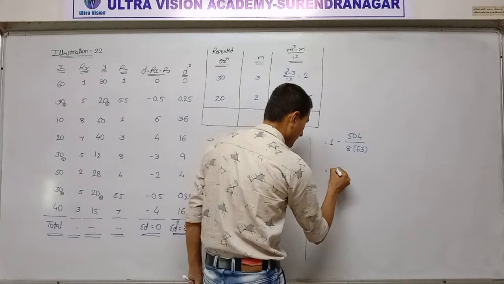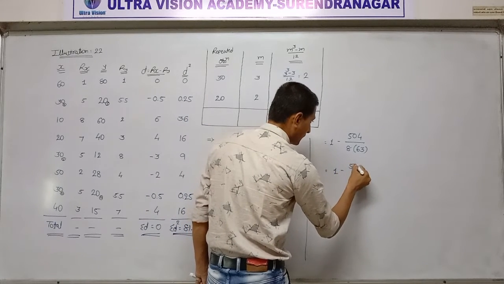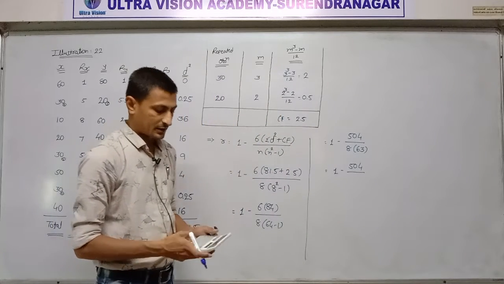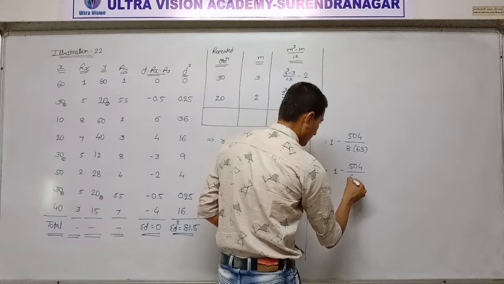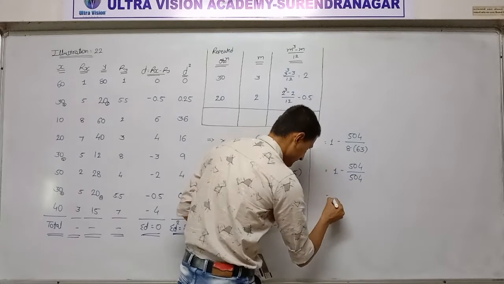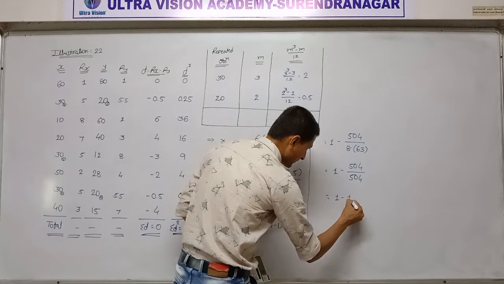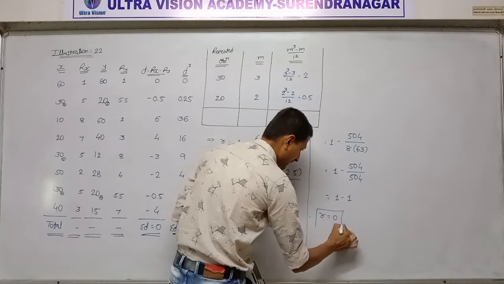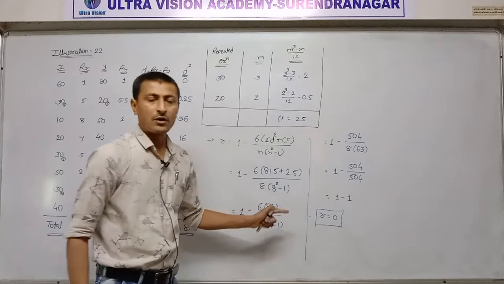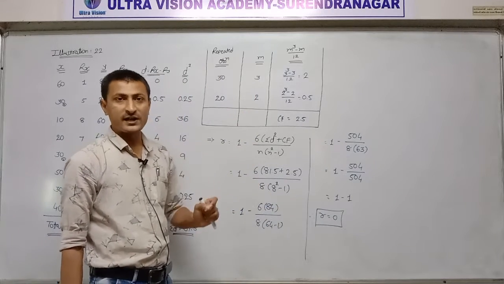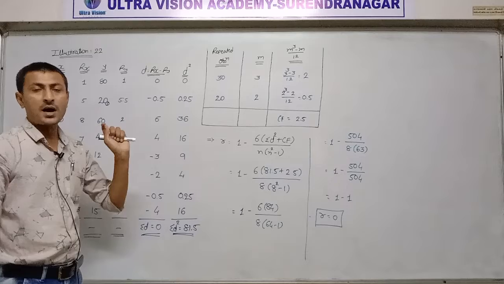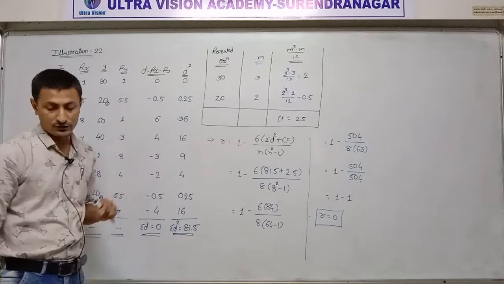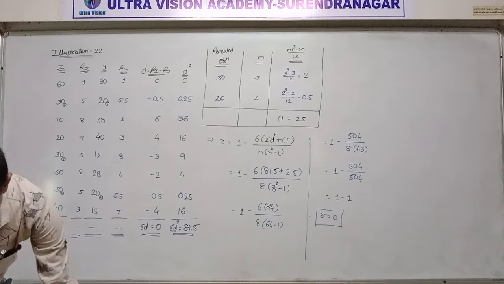Next step, 1 minus 504 divided by 504. 1 minus 1, r is equal to 0. So there is lack of correlation, absence of correlation between the two variables, marks in economics and marks in dancing skill. So illustration number 22 is completed.